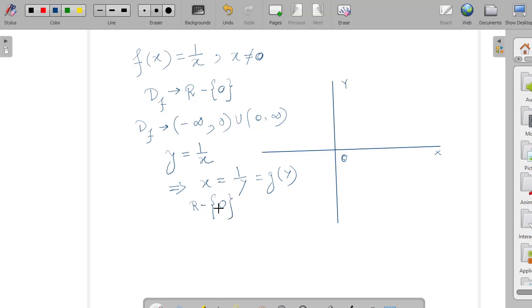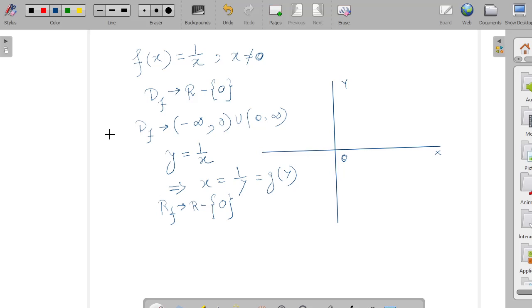That means this function can take any possible real value except 0. So this will ultimately give the range of this function: the set of all real values excluding 0. Okay, so this gives me the domain and range of this function.